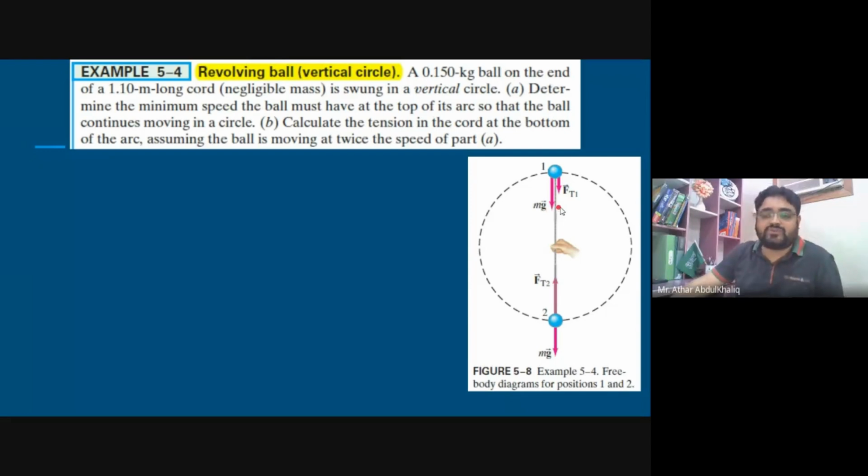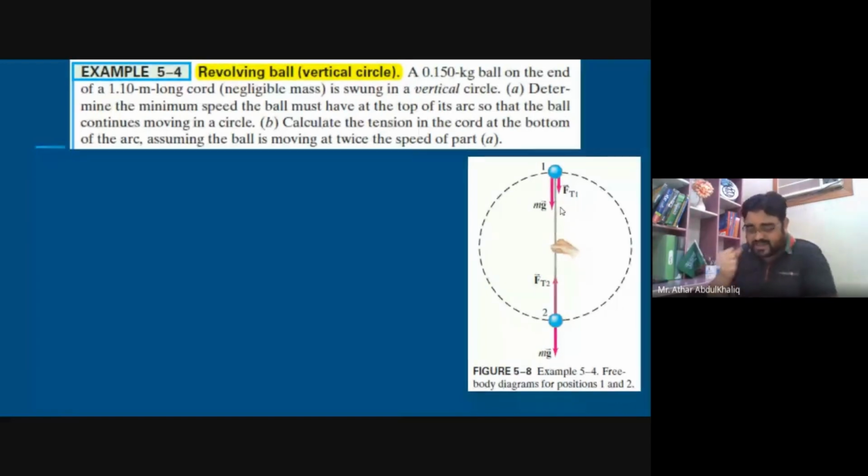Before I go for finding the velocity, I just want to explain one thing. When you are moving this ball with the help of a cord and your hand like this, as you increase the speed of the ball, you will feel that the cord is applying more force, and your hand is feeling a force away from your hand.